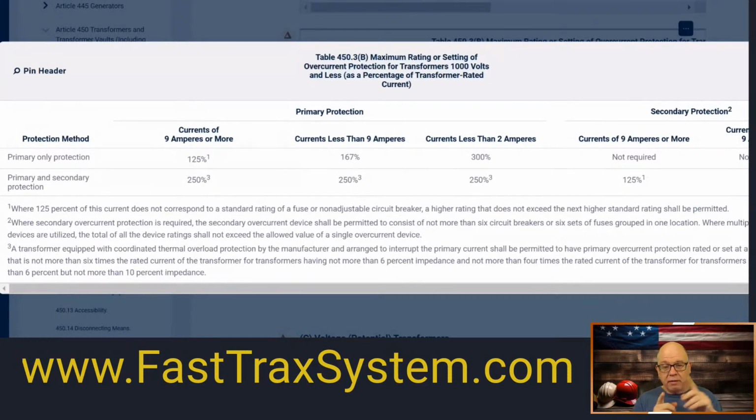Very unique in that scenario to those types of transformers. Again, I just want to make it very clear. It has to be a single phase, two-wire secondary, or a three-phase delta to delta, three-wire secondary and primary, in order to be able to use the 125% protection without any secondary conductor protection. Okay? Just want to make that clear.